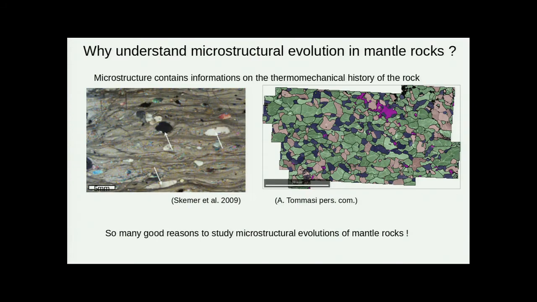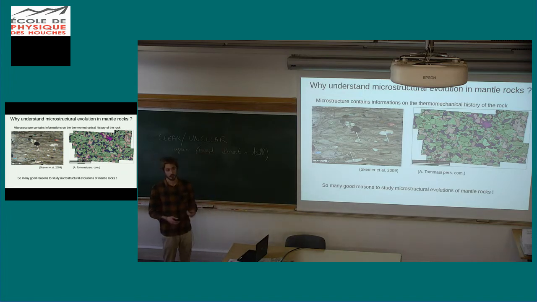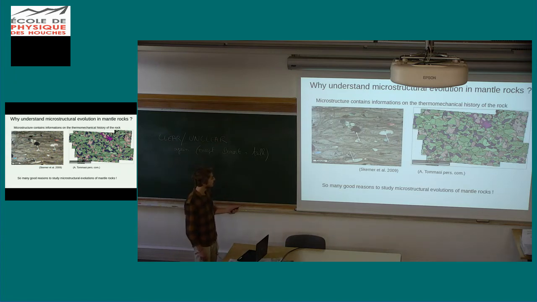The second point, which is interesting to study the microstructural evolution in rocks, is that the microstructure contains a lot of information about the history of the rock and about its thermomechanical history in particular. For example, true geologists, not me, but true geologists can, by seeing this kind of microstructure, say, yes, this rock has been deformed in this sense of shear with this intensity.